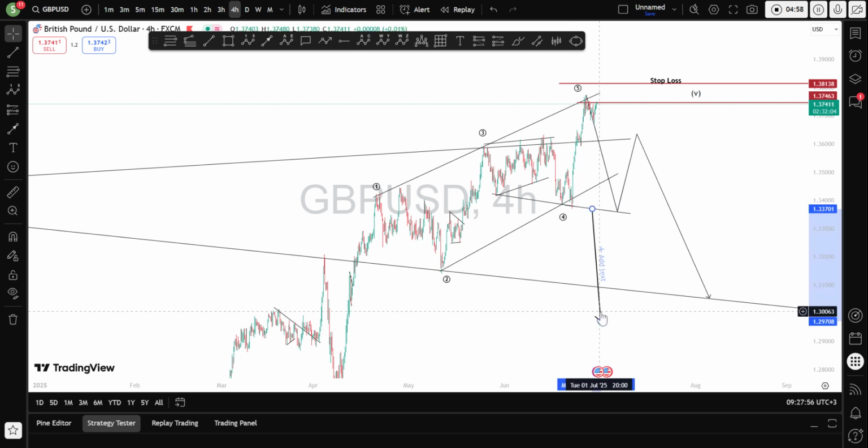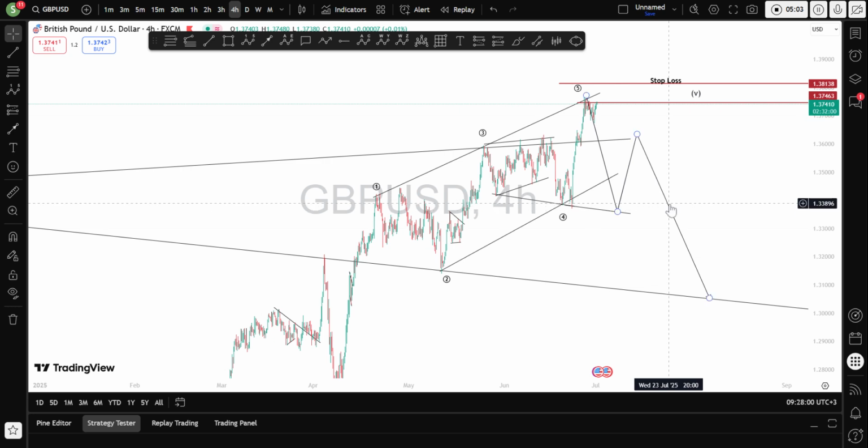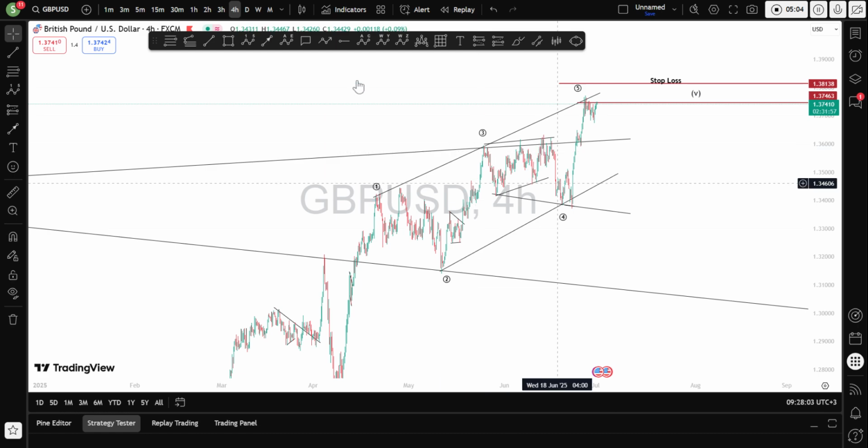Another scenario is the market will form here a flag. The way it has formed this flag, it can go down just a bit.